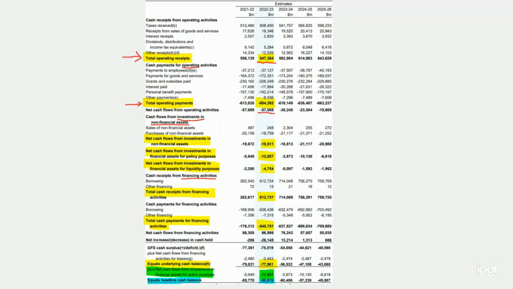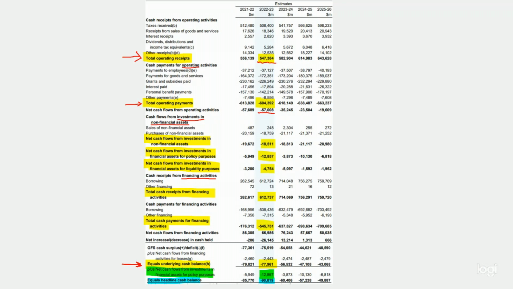And with a bit of simple maths, we can also add all of these different figures up all the way down. And what you get is the total of the underlying cash balance. And so remember that this value has excluded investments in financial assets for policy purposes.